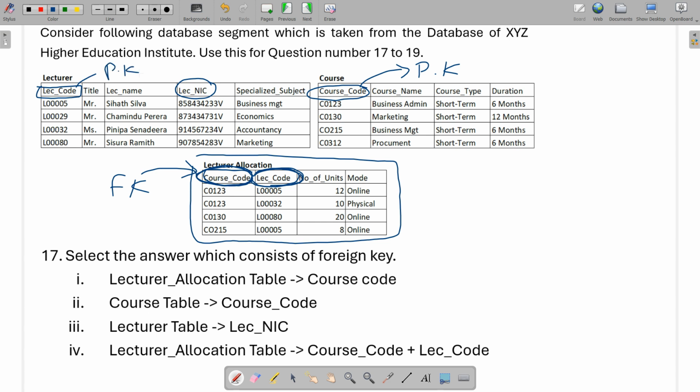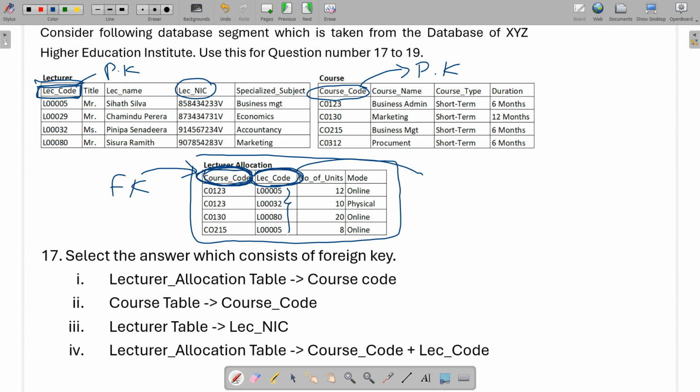When it is given to this particular value, it's going to be the foreign key. In the same way, this is going to be a primary key in the lec code, and that particular one is also unique over here in the lecturer table, and here it is not.